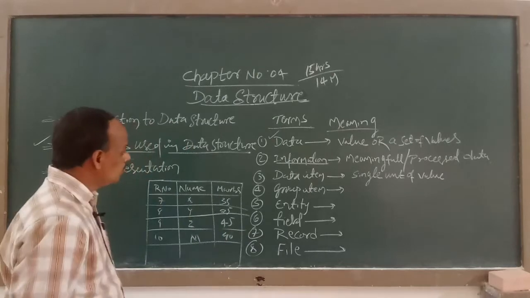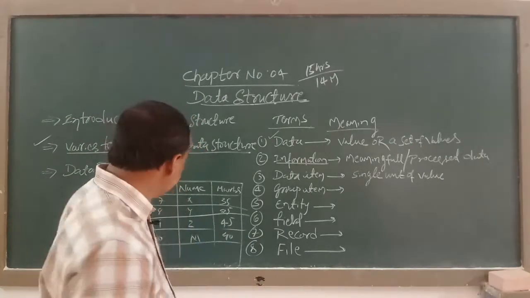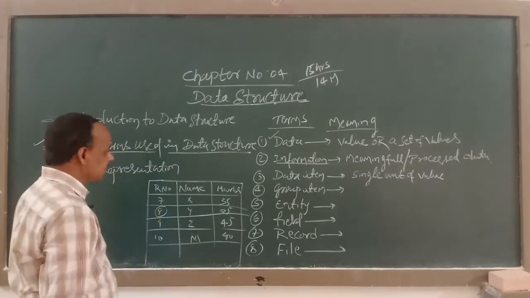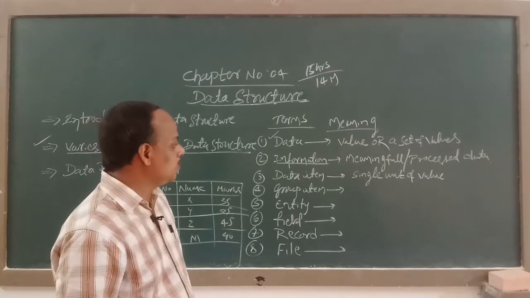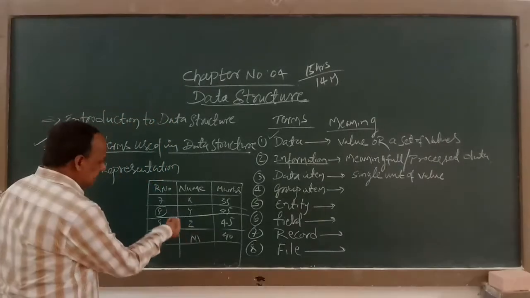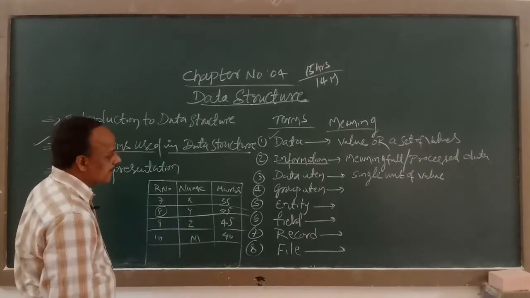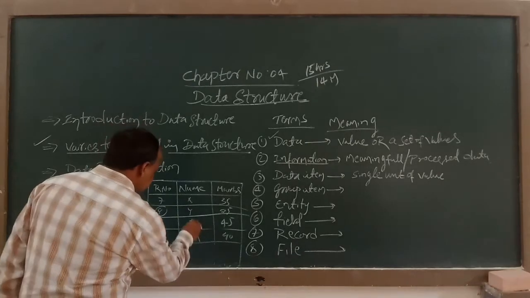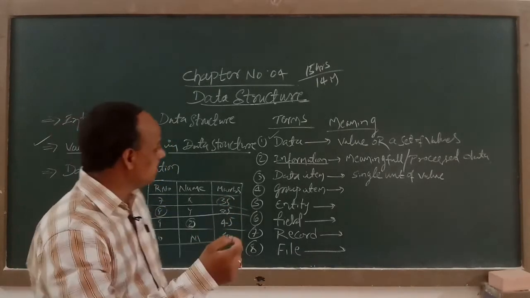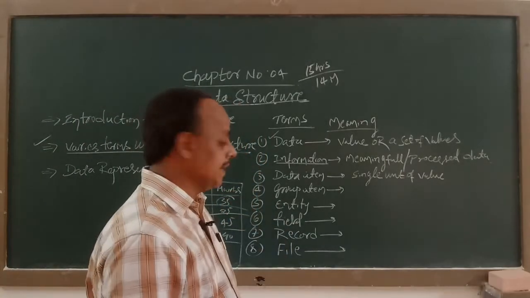What is a data item? A single unit of value. You take any single data, for example this Z or this 35, and it is considered a data item.